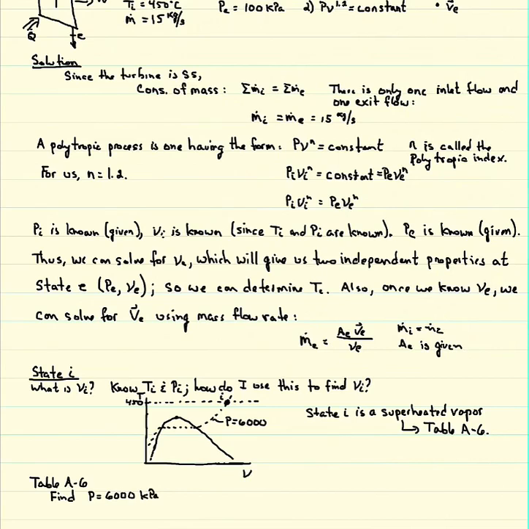Then I find where my temperature is equal to 450 degrees C. Where I have that combination of 6,000 kPa and 450 degrees C, I can look in the specific volume column of data and find that my specific volume is equal to 0.05217 cubic meters per kilogram.